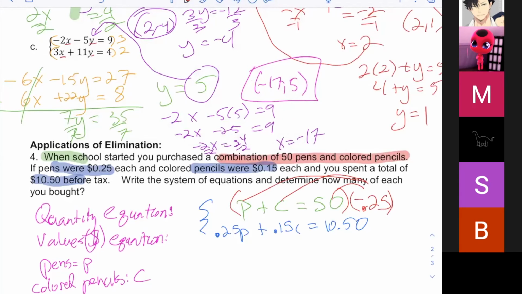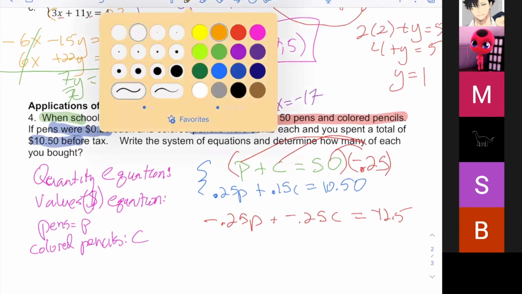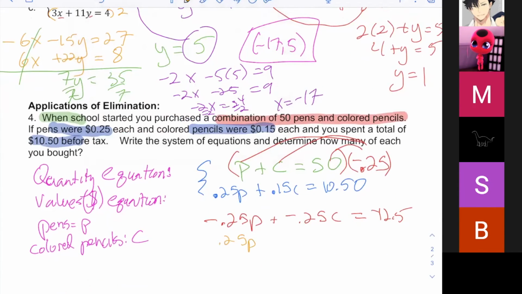So negative 0.25p plus negative 0.25c equals 50 times negative 0.25, negative 12.5, over 0.25p plus 0.15c equals 10.5. And again, the opposites eliminate. No more p, I just have c.